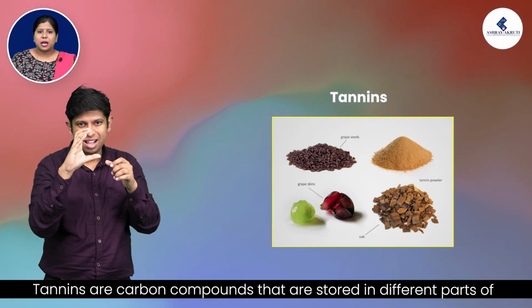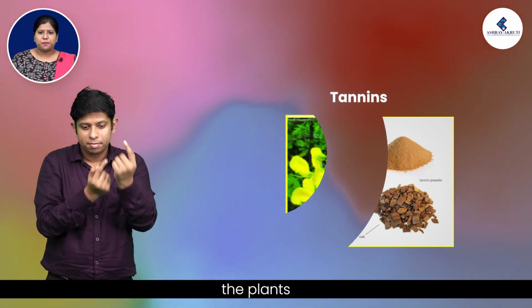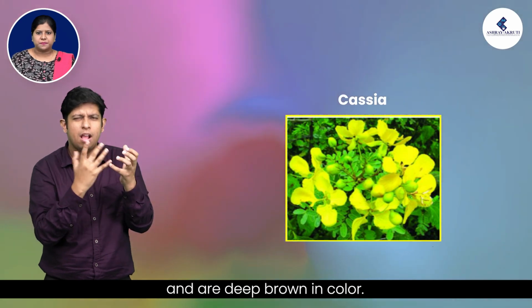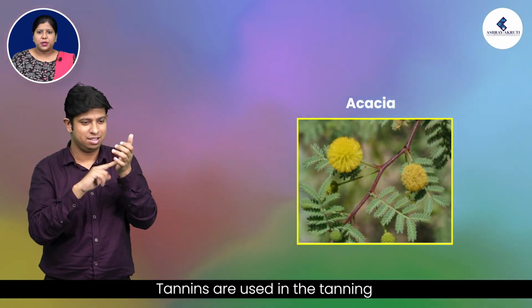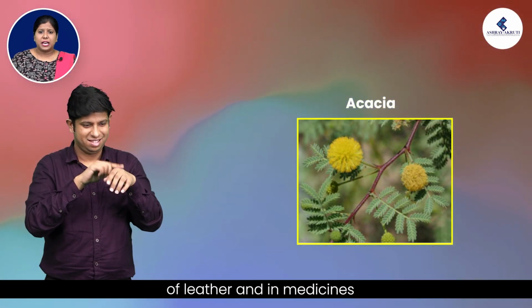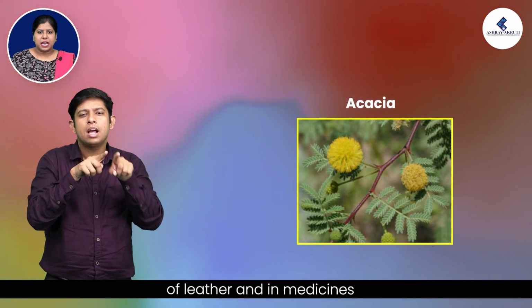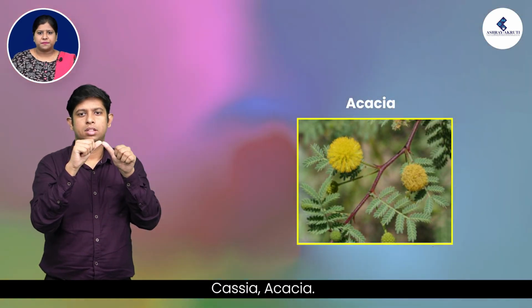Tannins are carbon compounds that are stored in different parts of plants and are deep brown in color. Tannins are used in the tanning of leather and in medicines. Example: cassia and acacia.